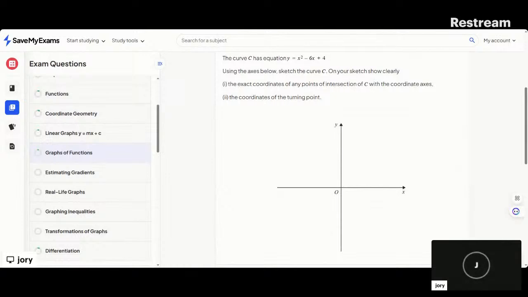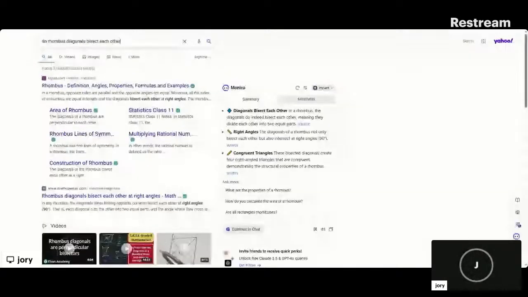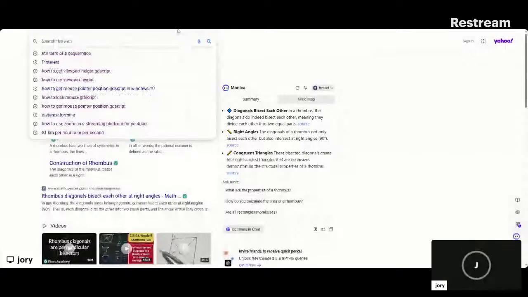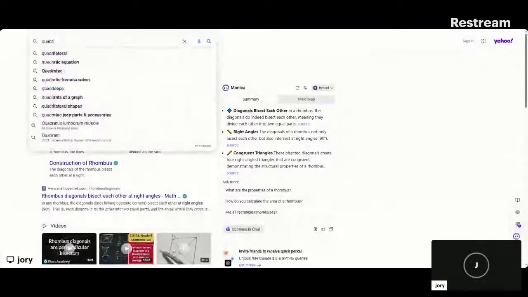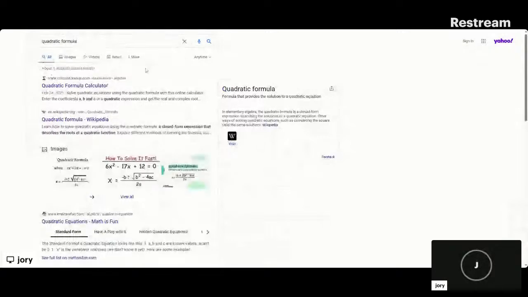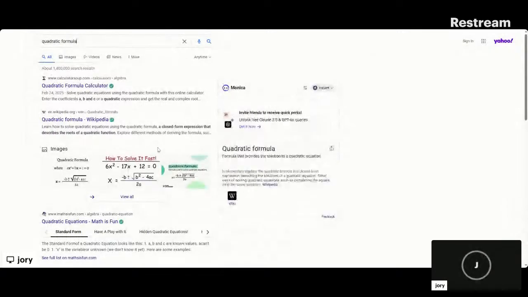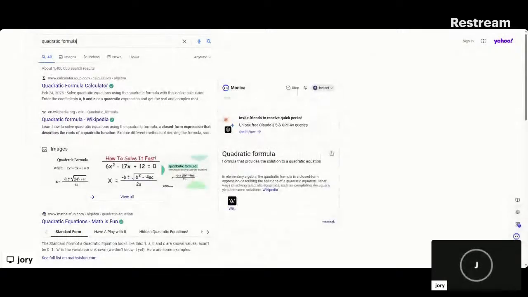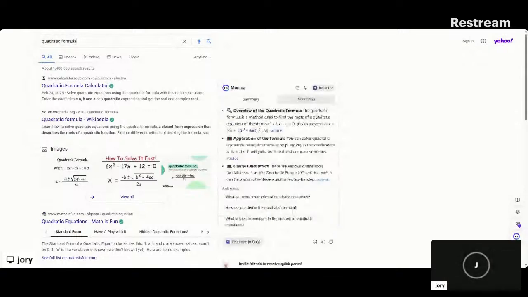Okay. Let's use it. So it's negative b plus or minus square root of b squared, I think. Let's just Google it. Quadratic formula. Plus or minus square root of b squared minus 4ac over 2a. Fun.